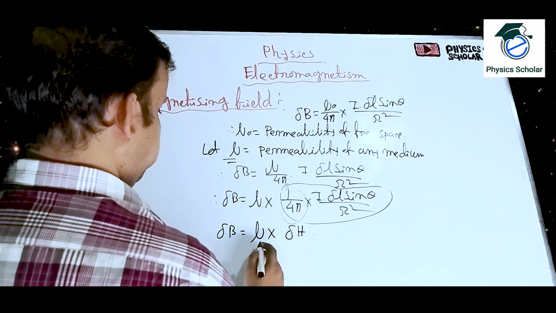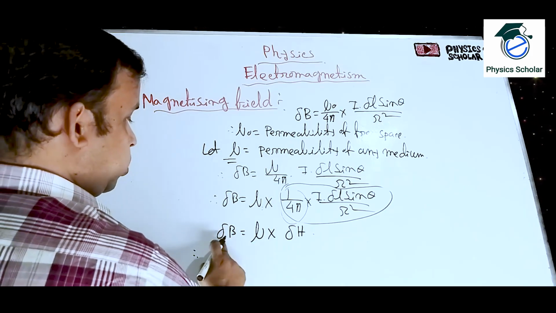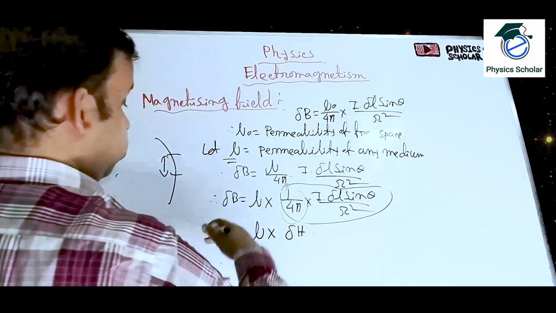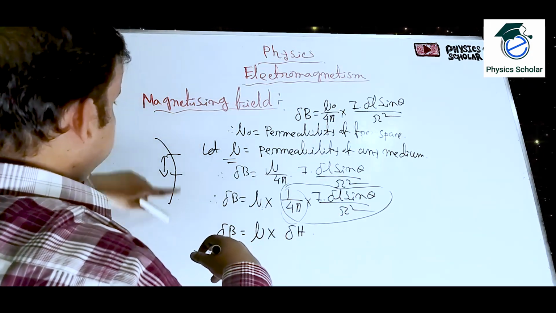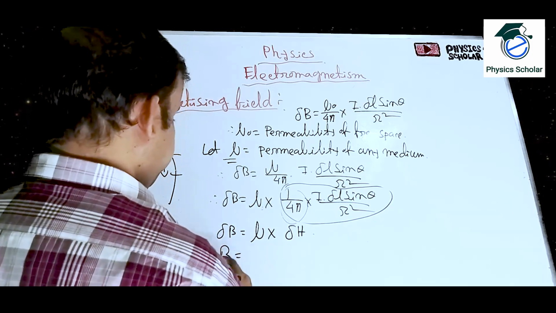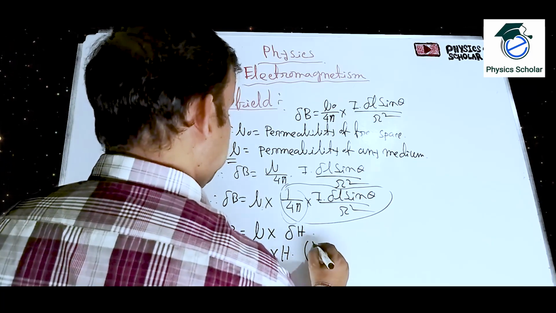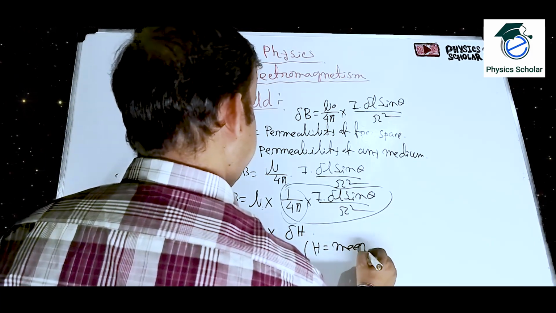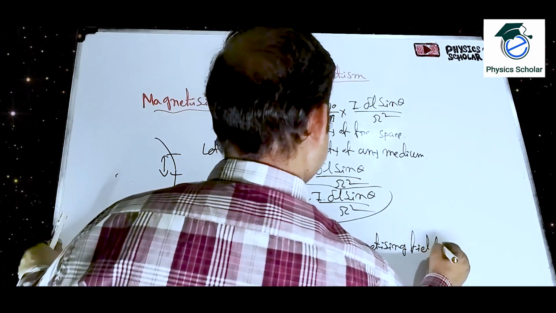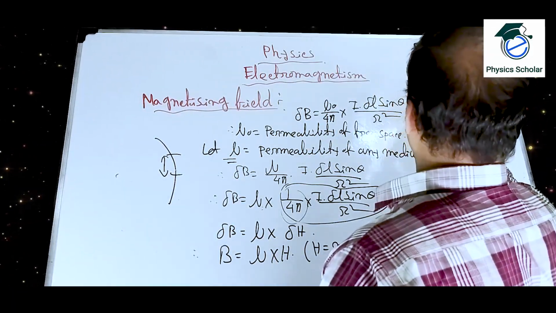So now, suppose it is for the small portion of the conductor that we have taken. Now for the full length of the conductor, the total magnetic field B is equal to mu into H. H means the magnetizing field. So H is equal to B by mu.